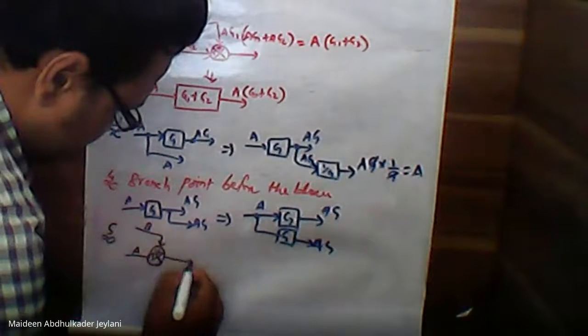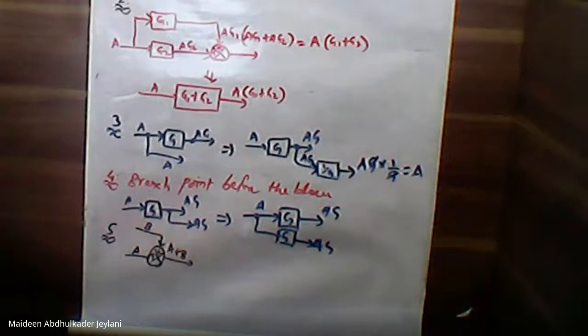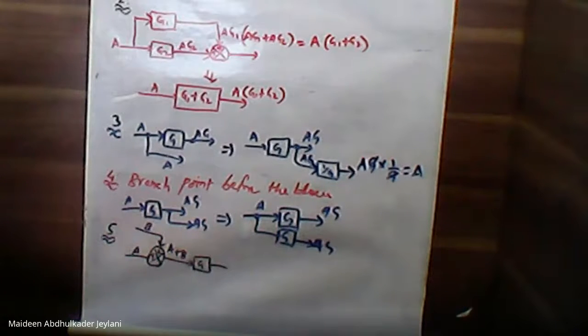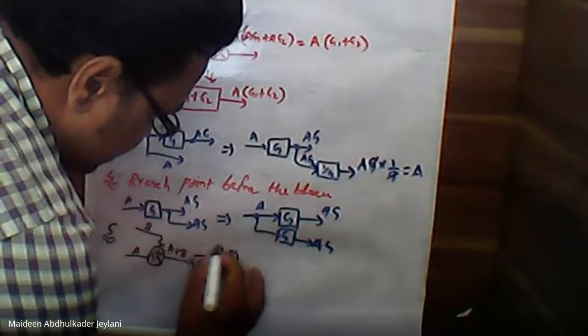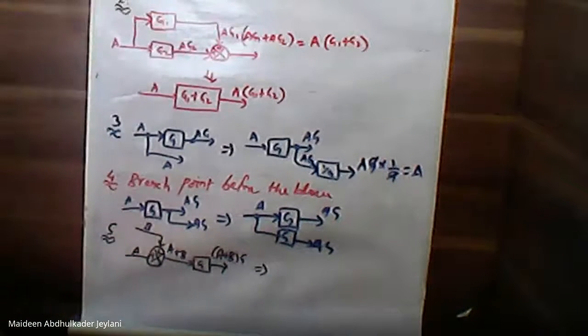The output of the summing point is A plus B. You give this A plus B to the system G. What's your output now? It is A plus B into G. Am I right? It is the product of input and the system gain.